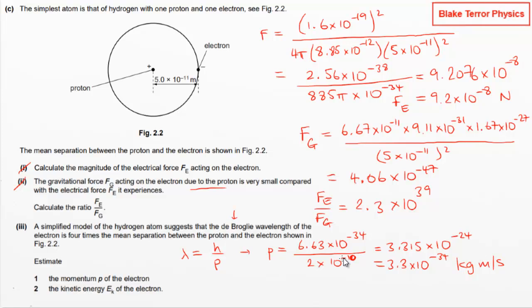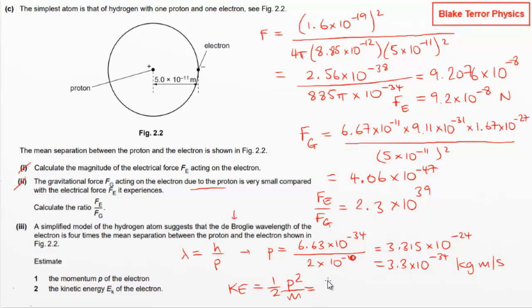And then we need the kinetic energy of the electron. So kinetic energy is equal to half of the square of the momentum divided by the mass. This is for the electron, so we're using our 9.11 times 10 to the minus 31 for the mass. We've already got momentum there. That's why I'm using this rather than half mv squared, because I've already got this number sitting in the calculator.